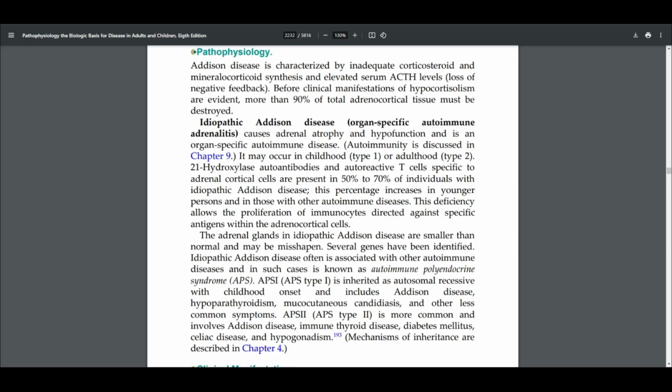It may occur in childhood or adulthood. 21-hydroxylase autoantibodies and autoreactive T cells specific to adrenal cortical cells are present in 50 to 70% of individuals with idiopathic Addison's disease. This percentage increases in younger persons and in those with an autoimmune disease.